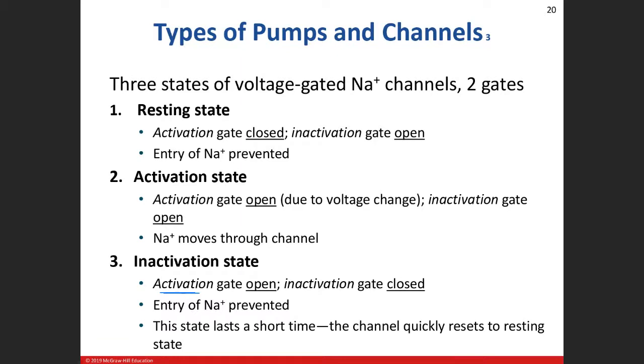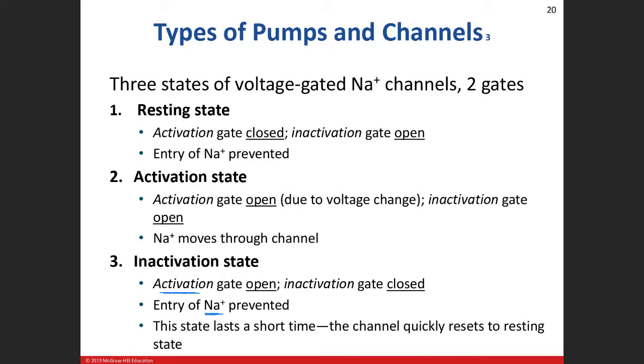But the inactivation gate, those little swellings, swell up and close off the gate. So now we can no longer get sodium to enter into the cell. And we'll talk about what causes that. But this is very brief. I'm telling you, the inactivation gate being closed is like a blip, quick.